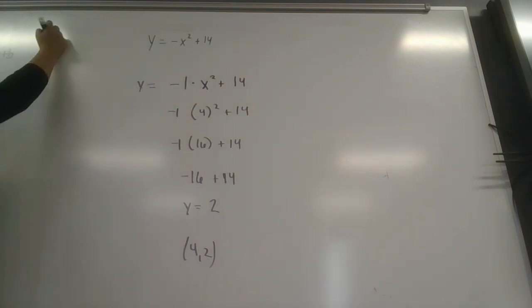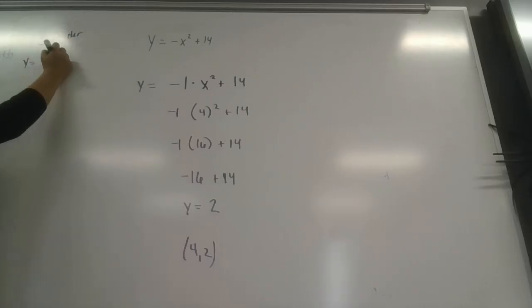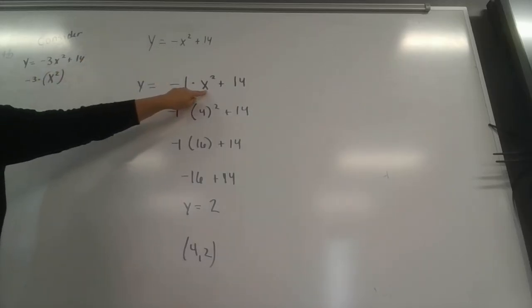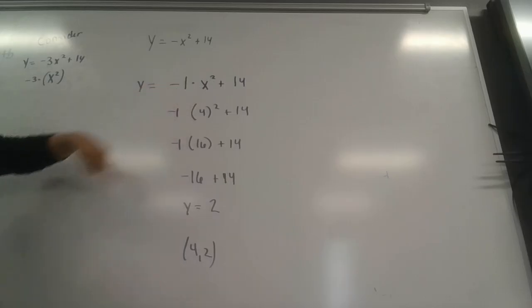Consider if it was negative 3x squared plus 14. Wouldn't you do x squared first and then multiply by negative 3 after? Yes, you would. The negative 1 is the same way. You square the x first, you multiply by the negative 1 after.